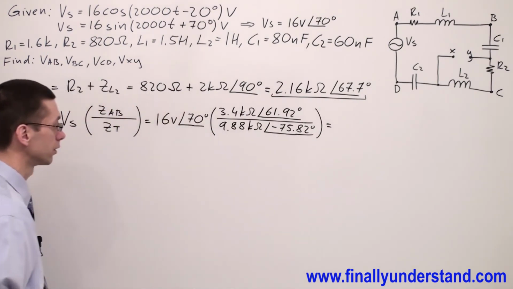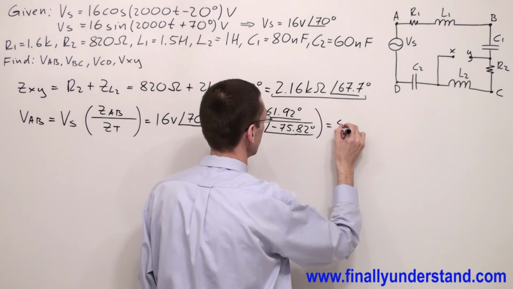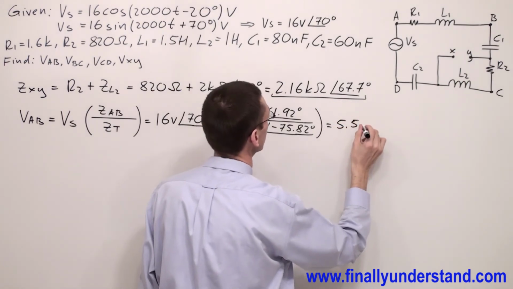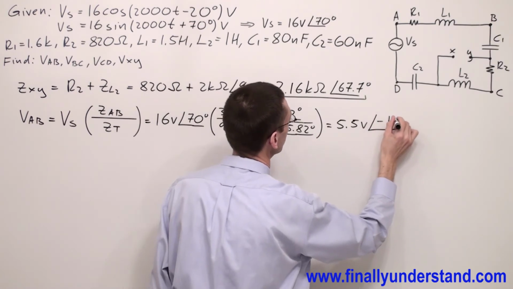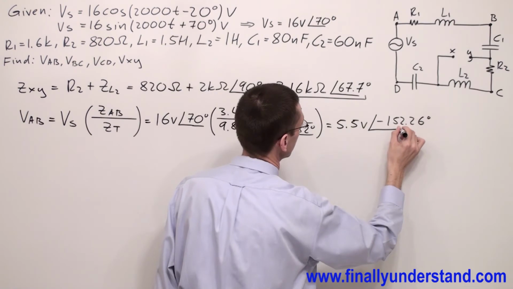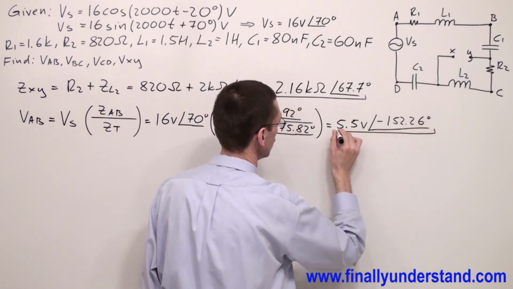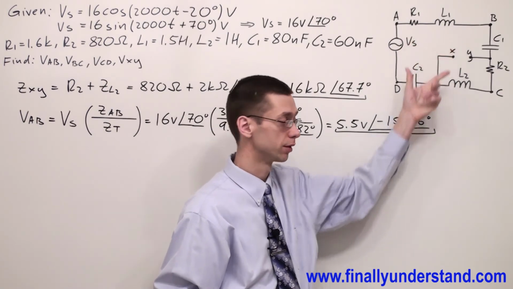Use the calculator and you're supposed to get the value 5.5 volts and angle of negative 152.26 degrees. So this is the voltage across these two components.